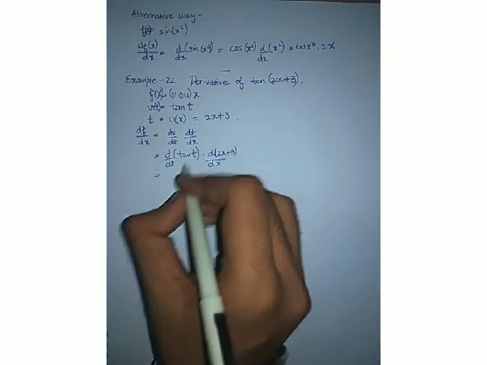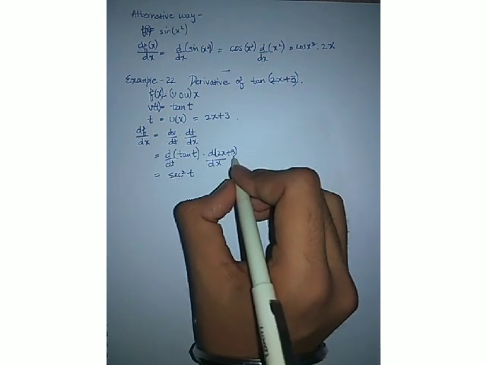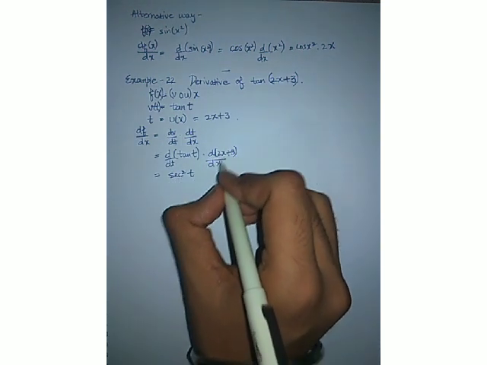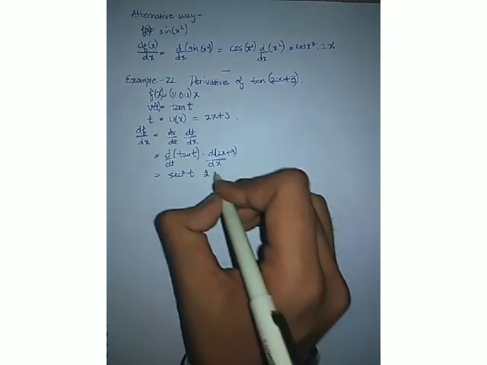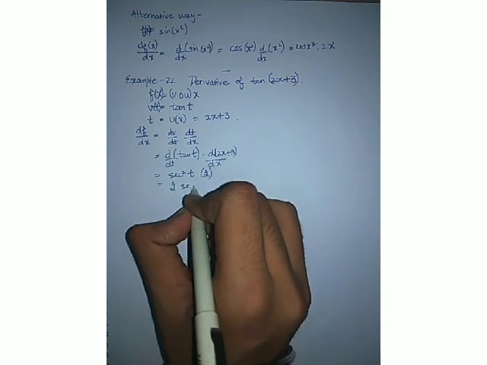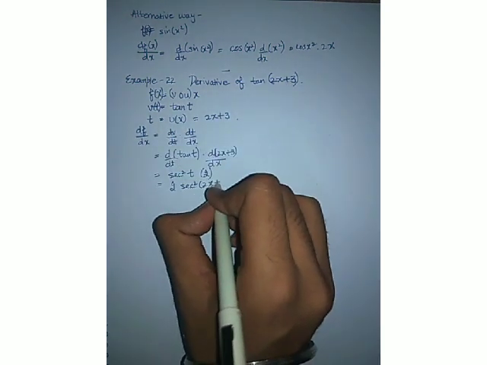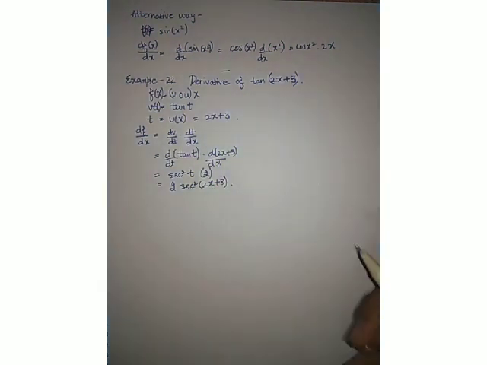Clear? Now the differentiation of tan t is secant square t, and for 2x plus 3, the differentiation of 2x will be 2 and the 3 will be 0. So we get 2 secant square t. Now what was t? That was 2x plus 3. Clear? This will be our answer.